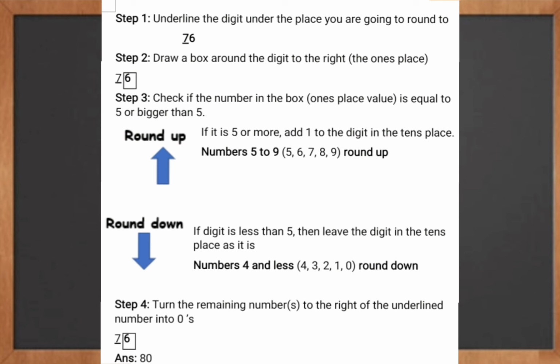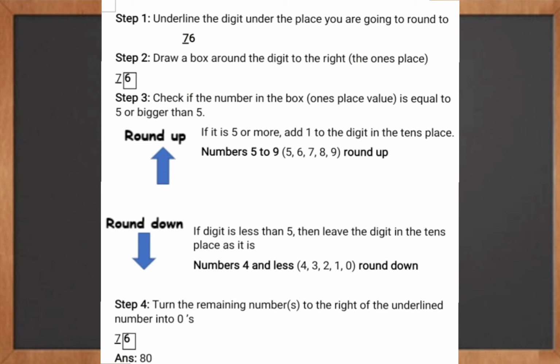Now let's recap what we have learned. When you're given a number and you have to round it off to the nearest tens, the first thing you have to do is to underline the digit on the tens place. After you have done that, we move to the next step. So you are going to draw now a box around the digit on the right, or the digit on the ones place.